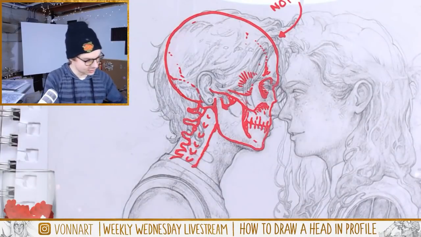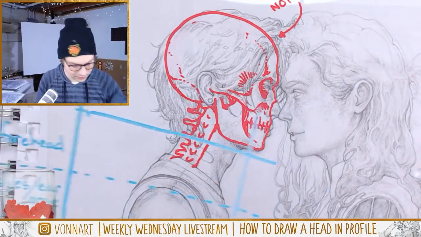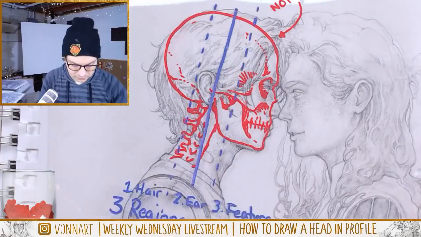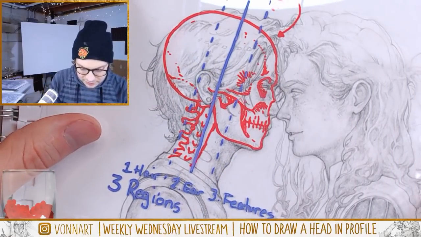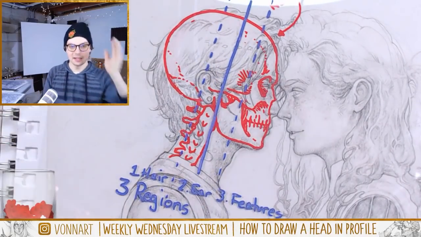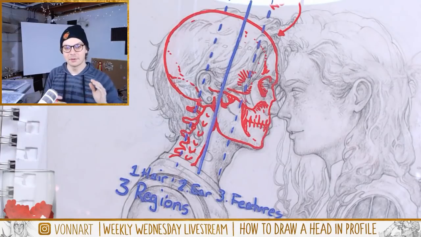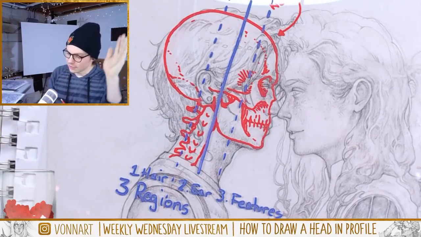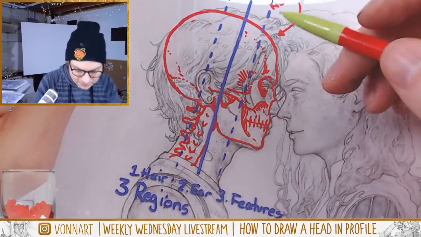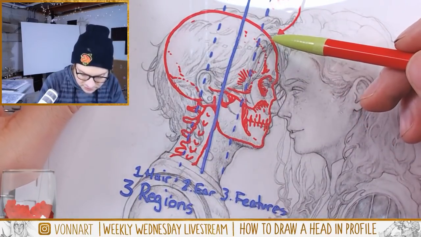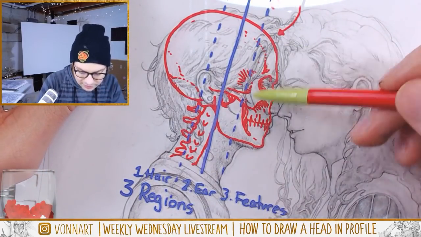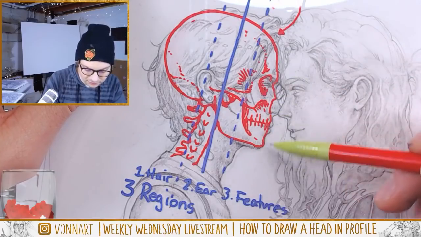So anyways, with the skull, the main thing that I want to point out is, and where's my second chart? I'm going to do this one. Basically, if you cut the skull completely in half on a complete side view profile, and did a vertical line going down the center, all of the facial features are not only in the front, but they are close to the front.